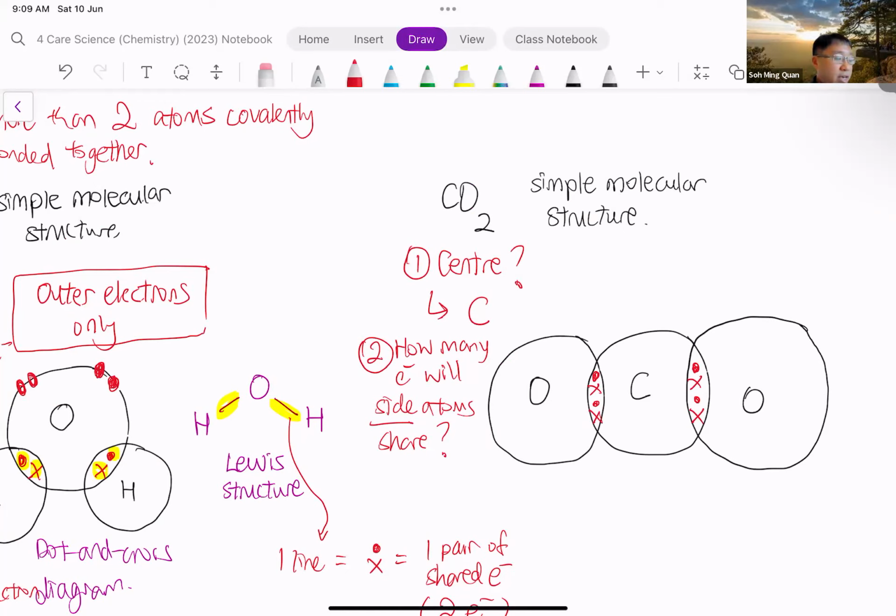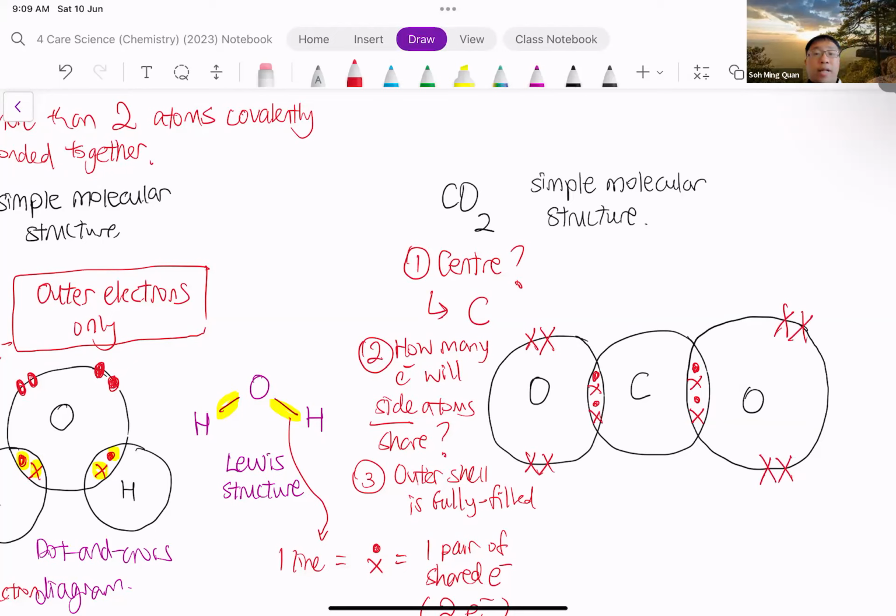Okay, finally, you must make sure that outer shell is full. So we have already drawn 4 electrons, so we must draw 4 more. Okay, so in this case, we use crosses to represent the electrons of oxygen. Dot will represent the electrons of carbon.